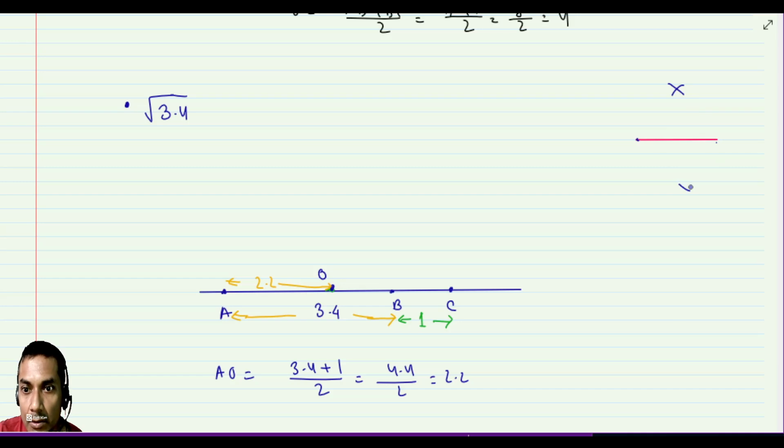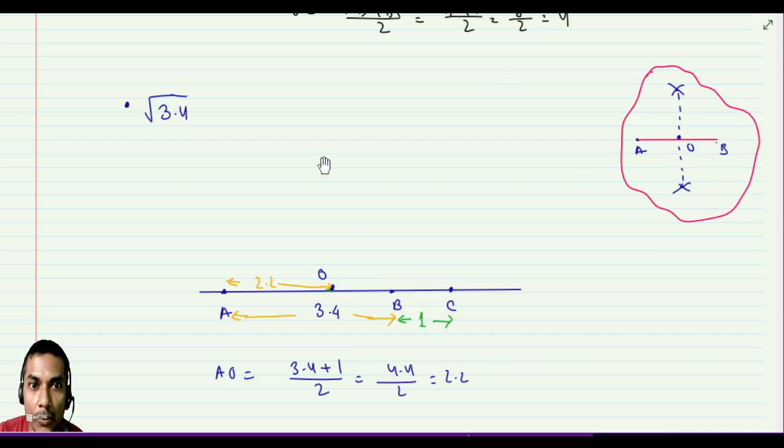From here also the same, with more than half radius. Take these arcs and connect the intersection points, so this is the midpoint. So A, B and O. This way you can find the midpoint if it is not divisible. Clear?